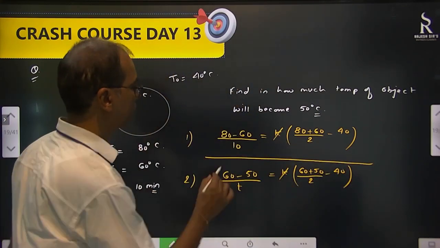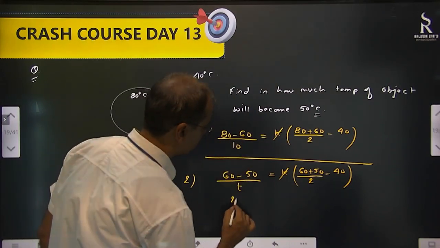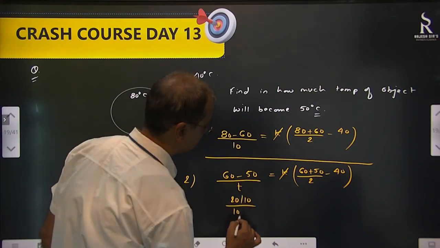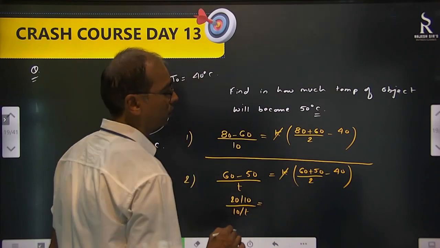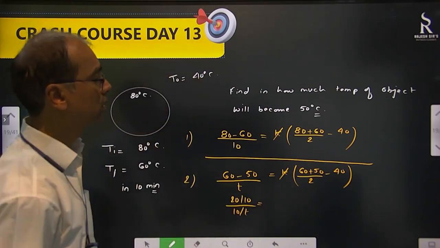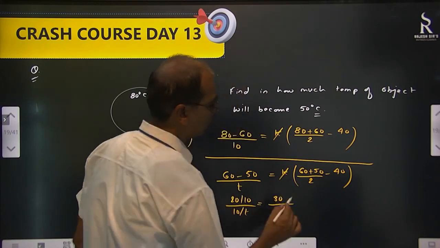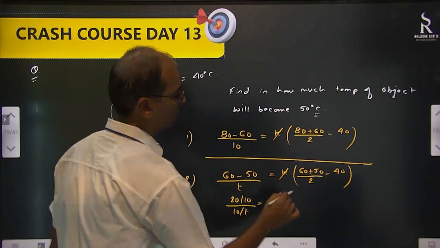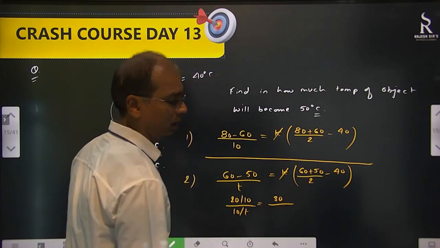Now what is this? This is 20 by 10, and here it is 10 by t. Here, 80 plus 60 is 140, 140 by 2 is 70, 70 minus 40 is 30. Here, 60 plus 50 is 110, 110 by 2 is 55, 55 minus 40 is 15.